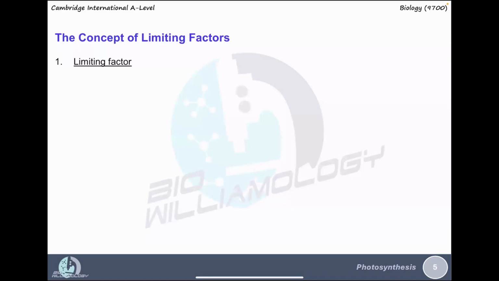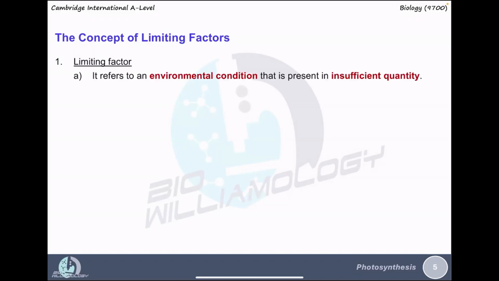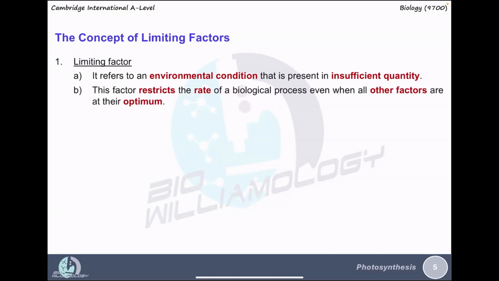Before we look at the effect of those factors, let us look at the concept of limiting factors. When we talk about a limiting factor, it refers to an environmental condition that is present in insufficient quantity or in low supply. Therefore, this factor restricts the rate of a biological process even when all other factors are at their optimum.